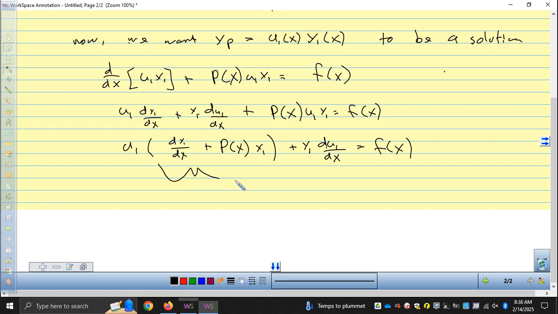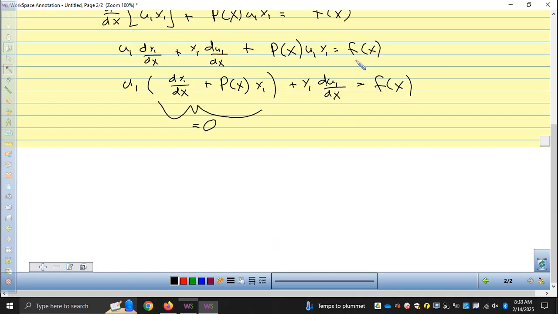Well, the portion in the parentheses is zero, because y1 is a solution to the homogeneous differential equation. So this entire term goes away, and we get y1 du1 dx equals f of x.